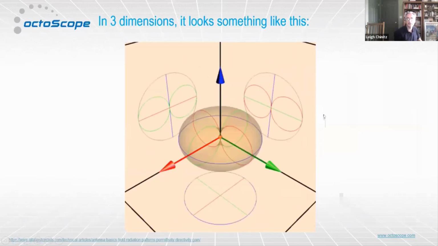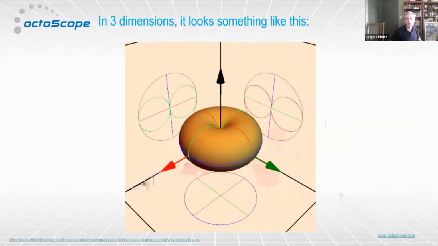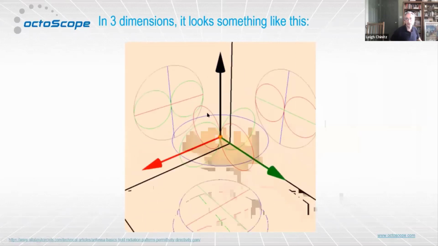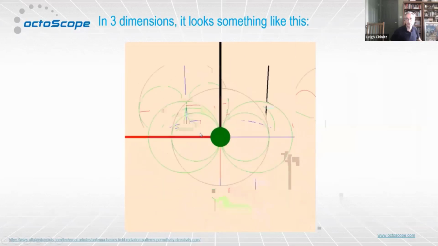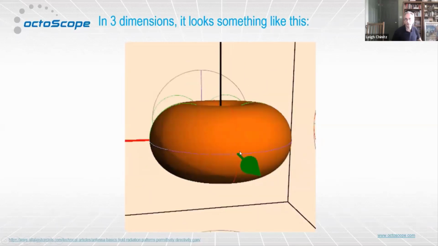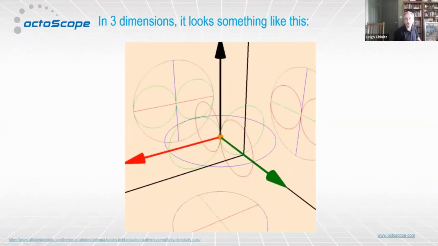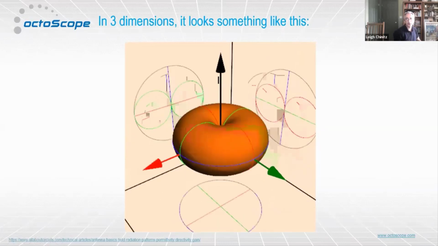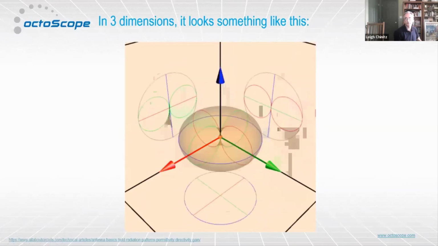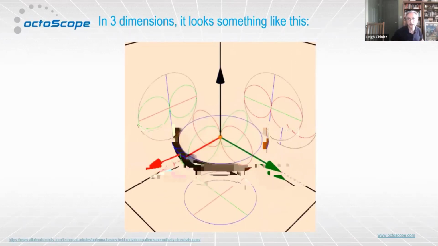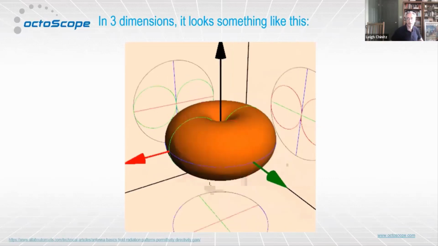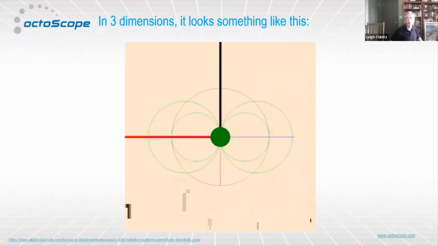In 3 dimensions, it looks something like this. And you can see those slices, for example, are these red circles or green circles. You can slice either way. It's symmetric all the way around. It looks like a donut, and it's referred to as a toroid. And that's what the field coming out of what's known as a half-wave dipole looks like.